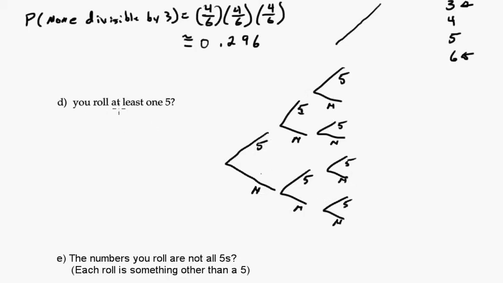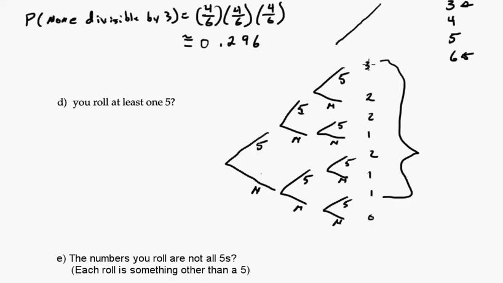Now at least one. Here I've got three 5s, two 5s, one 5, and zero 5s. I want to add up all of these.